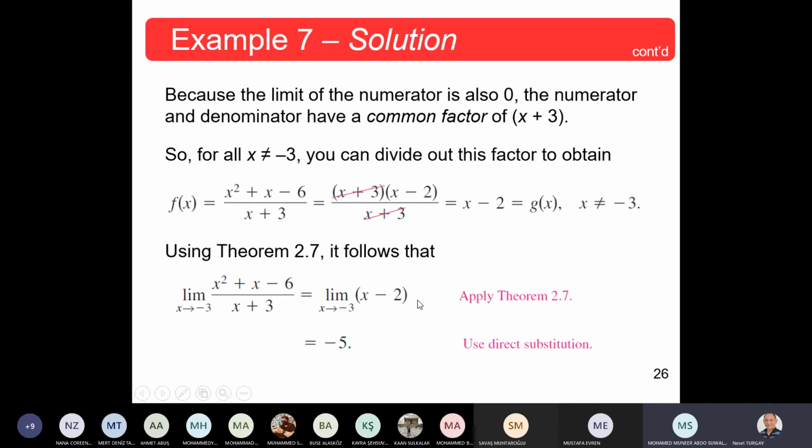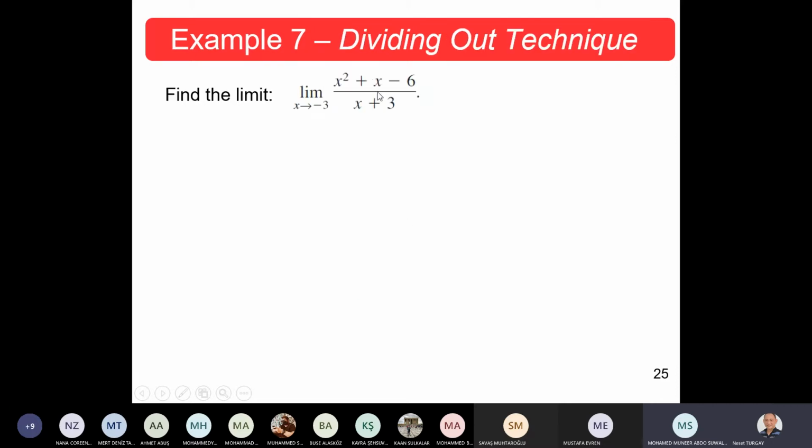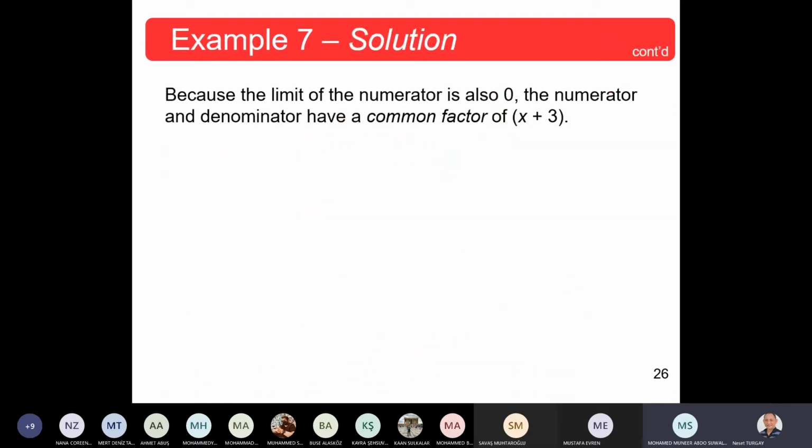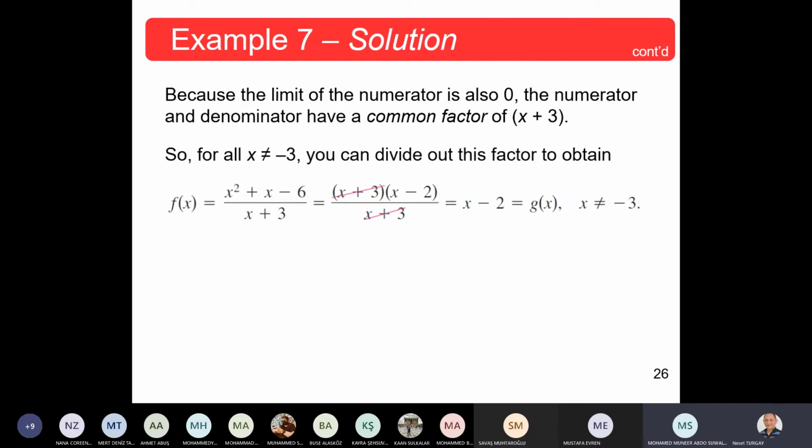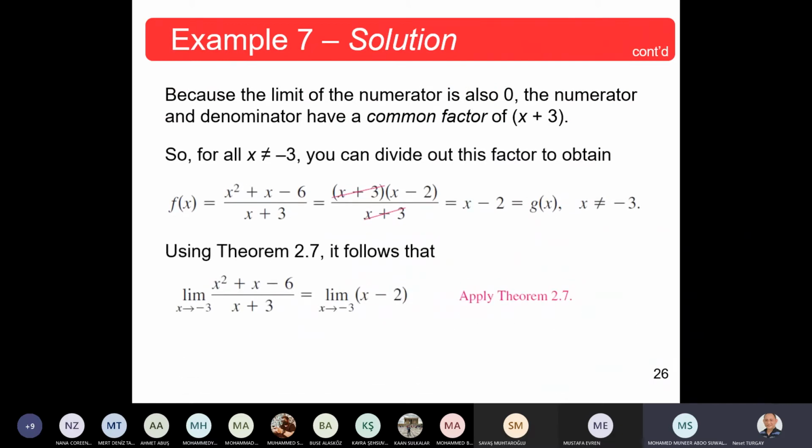In these two examples, we were usually playing with the numerator, but sometimes in the denominator you have something that you can factorize. Maybe sometimes you will factorize numerator and denominator at the same time. This is also possible. So in tutorial questions, you have different situations, but this is the idea.